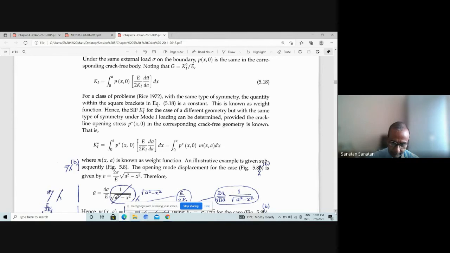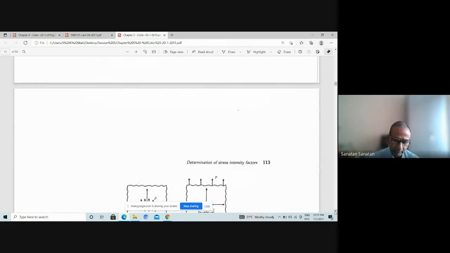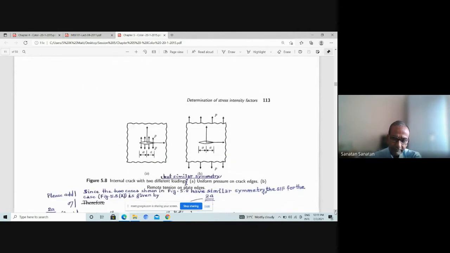So that's the approach, and indeed it has been applied in many cases. This case also you can apply. So in this case, if I have to solve, what I need is the solution for this right hand case. For this case, the U solution is readily available, and then the P loading that is there for this type of outer boundary loading.